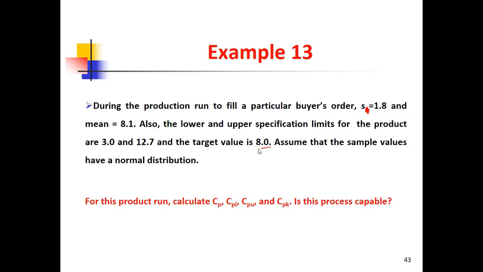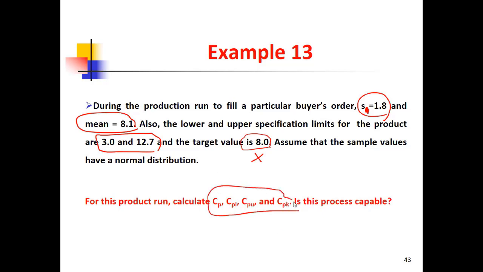The target value is the value you want, you want your mean to be 8, this is not important. So just calculate these parameters and then make a decision if the process is capable or not. I will leave this example for you. Please work on it. If you have any question, I will be happy to help.